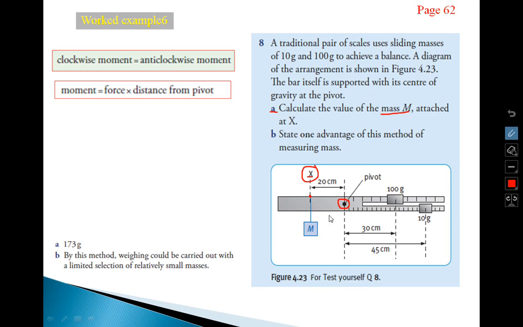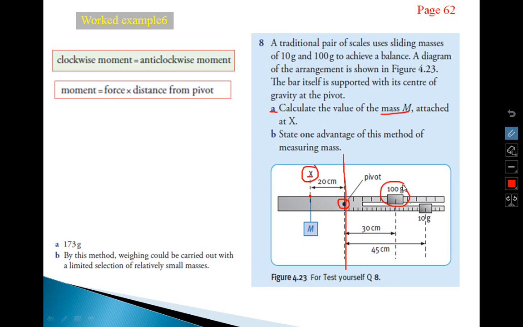So first we will find the value of M. As we can see, on the right section from the pivot, we have two forces.